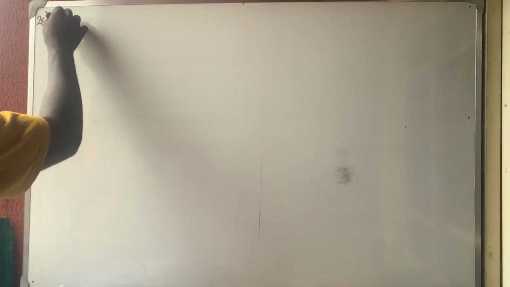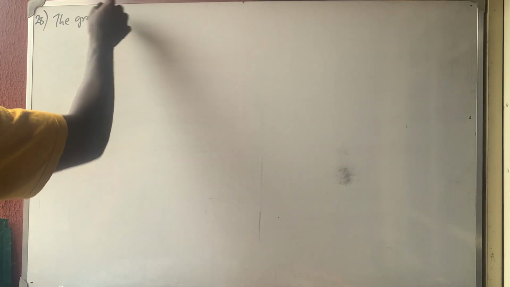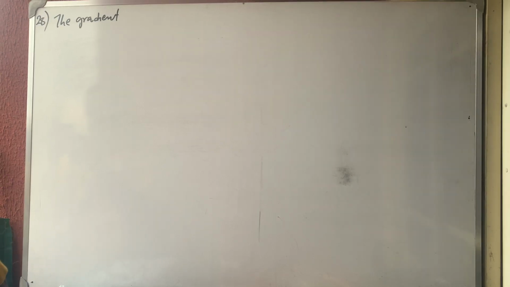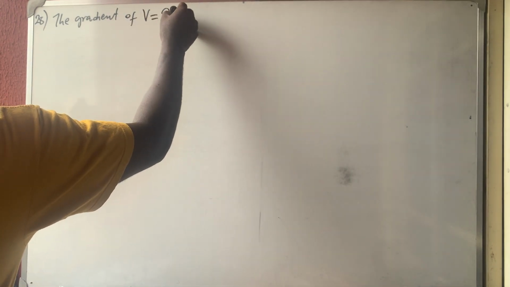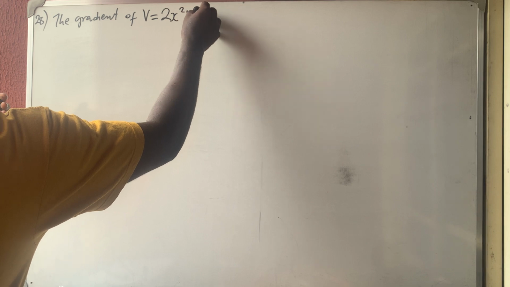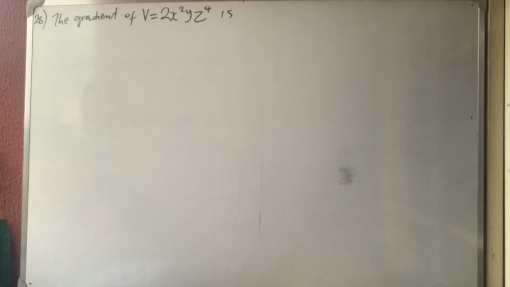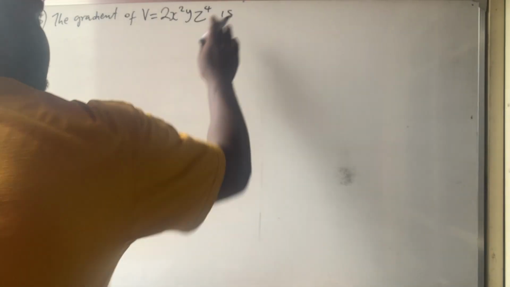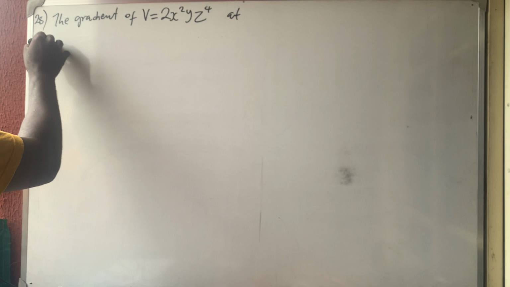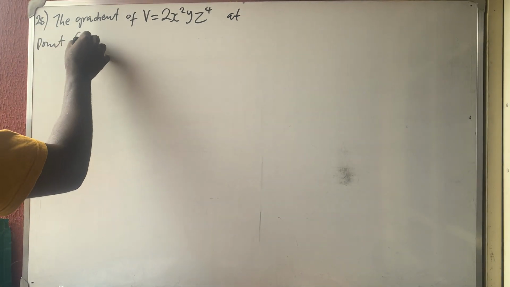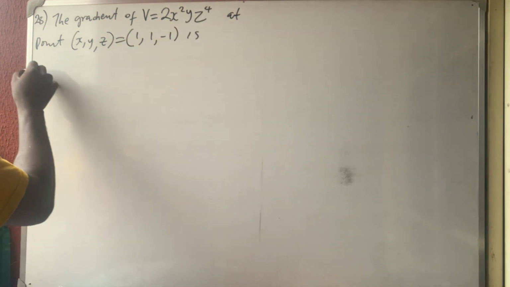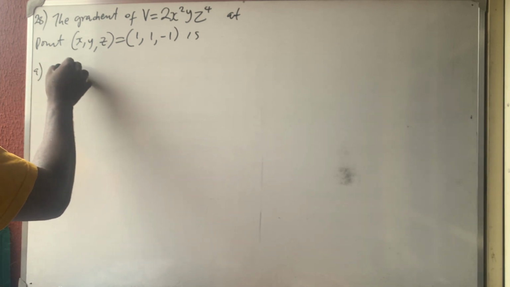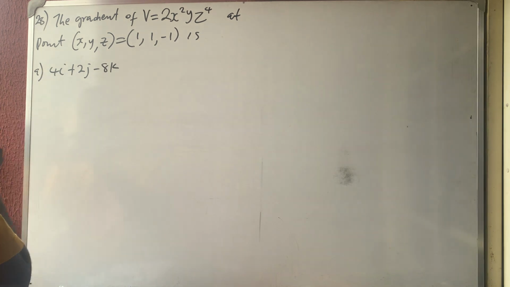28. We are moving. The gradient of v, which is equal to 2x squared y z raised to power 4, at point x, y, z equals 1, 1, minus 1 is, option A said 4i plus 2j minus 8k.